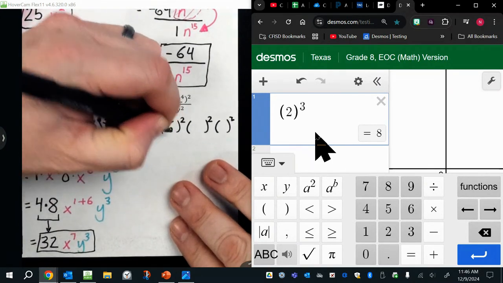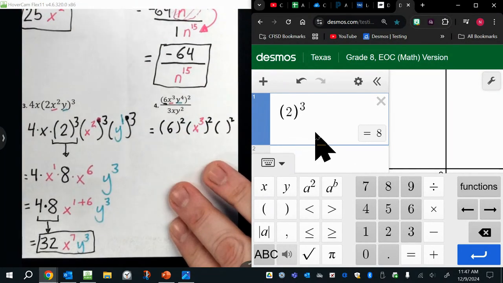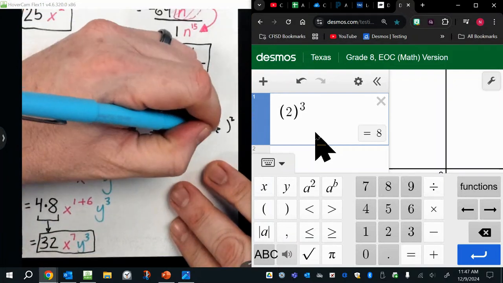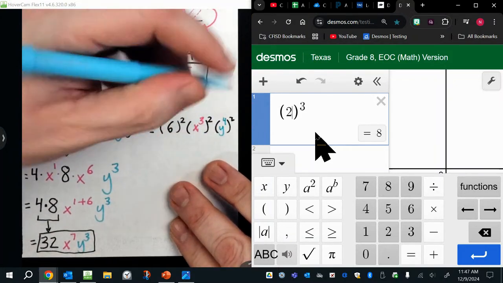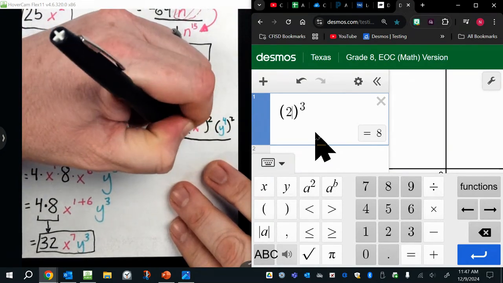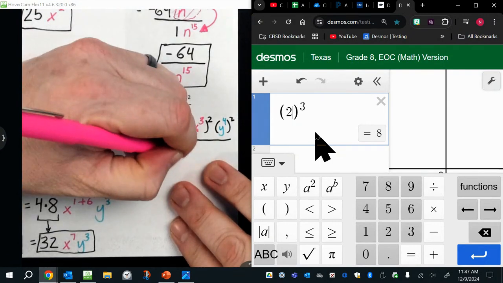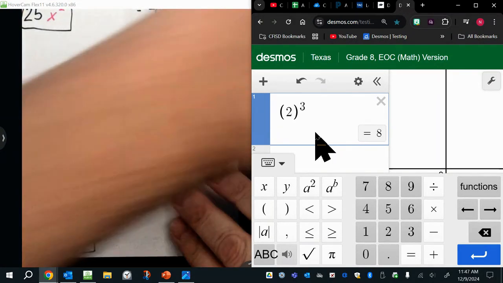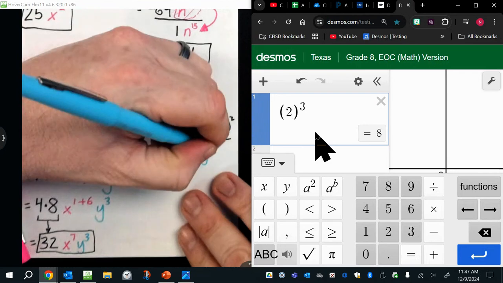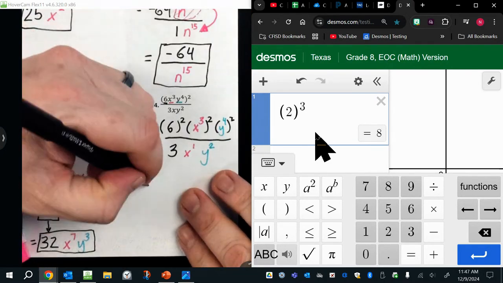So I have a 6, I have an x to the power of 3, and I have a y to the power of 4. And then at the bottom, I have a 3, an x to the 1 power, and a y squared.